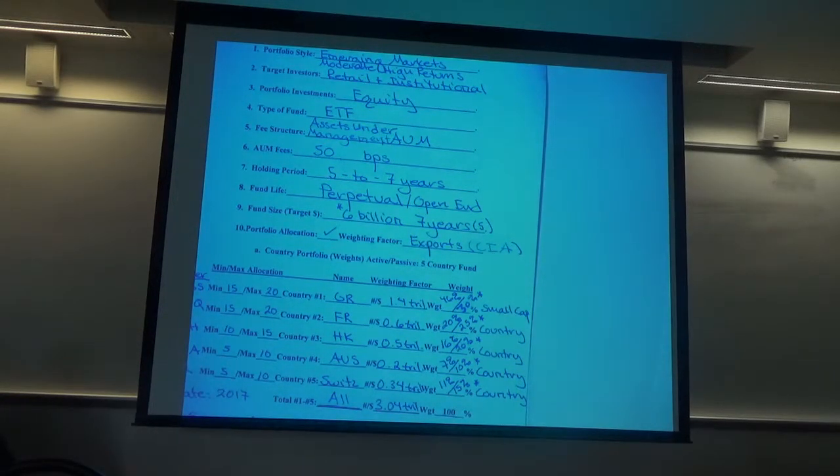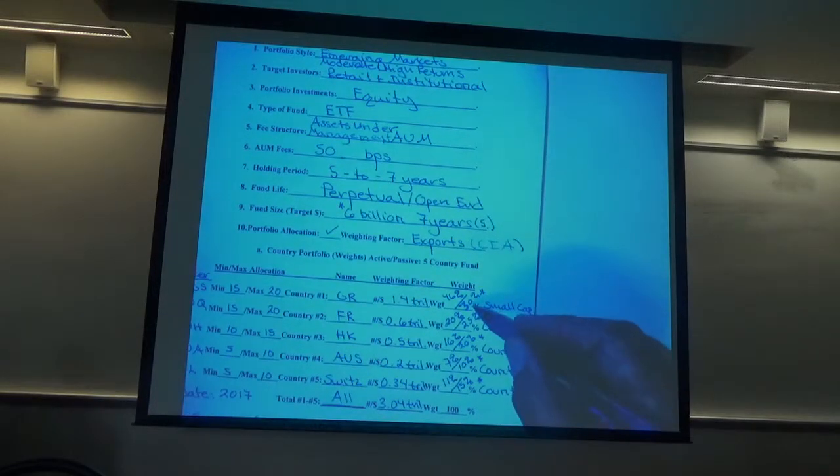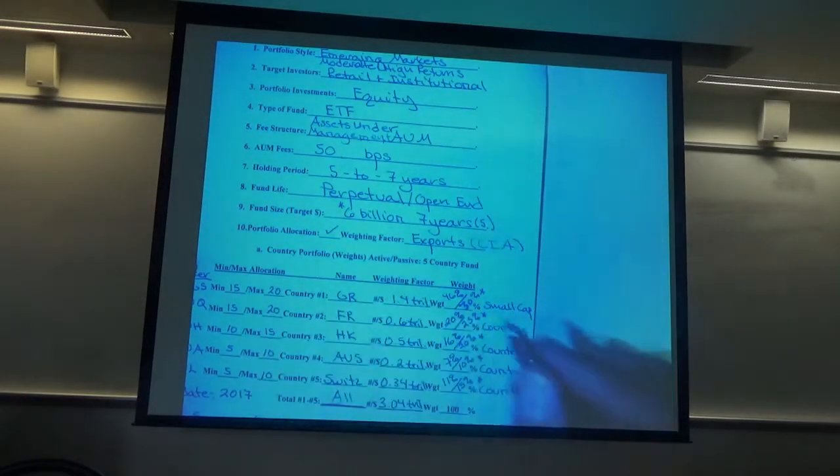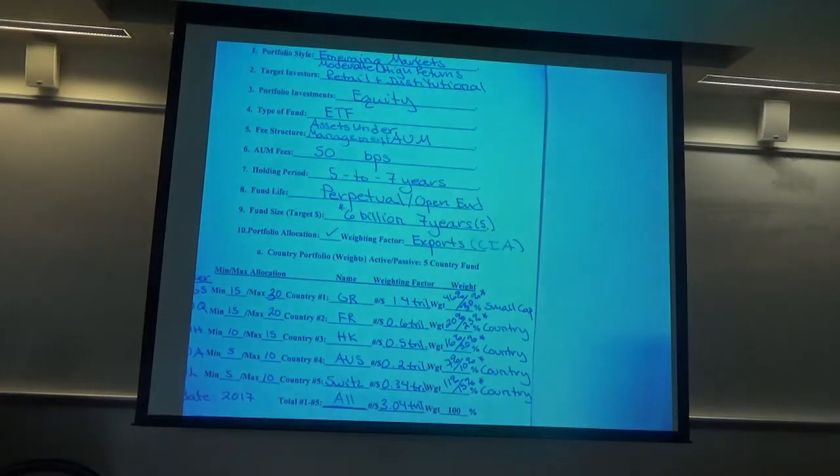Yeah, what I did then is once I set my target allocations here, I then set the minimum maximums. So I didn't want to have, actually in this case, I probably want to adjust these to about, let's say, 30%. So I don't want to have more than 30% in Germany, and I don't want to have less than 15.